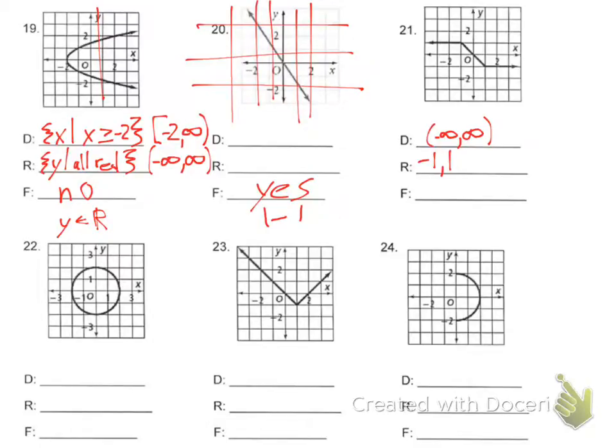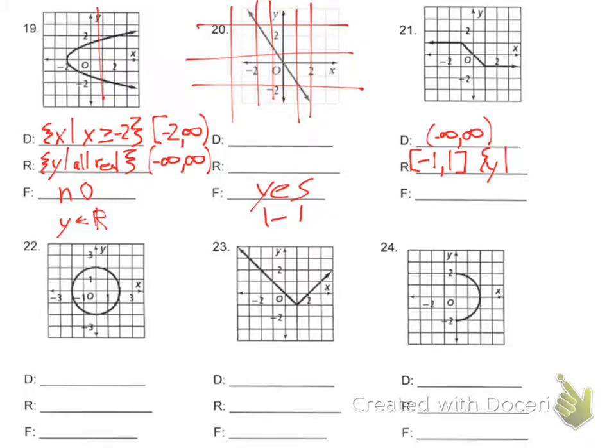Now, are these included or not included? Can I be at 1? Yes. Can I be at 1 and negative 1? Yes. So therefore, they get closed brackets. You guys can do the set notation for this. Actually, for set notation for this one, you'd say y such that, how do I write that inequality?